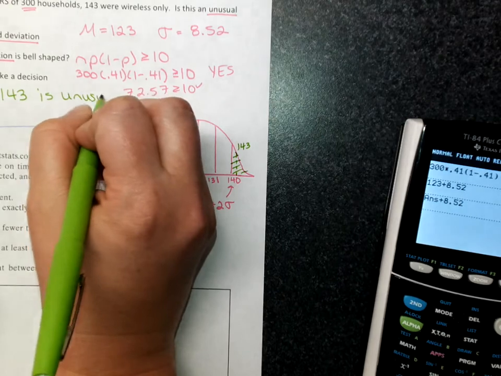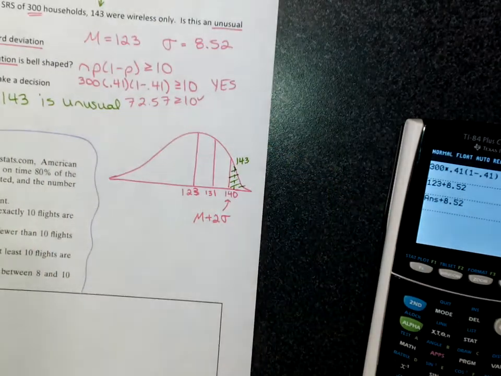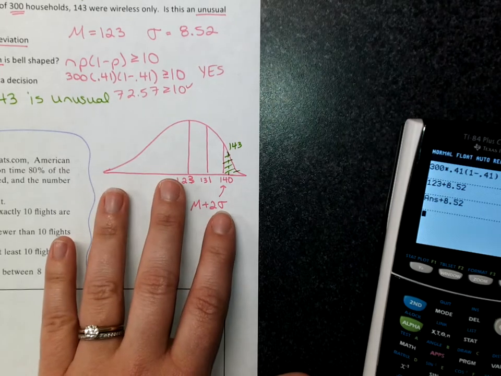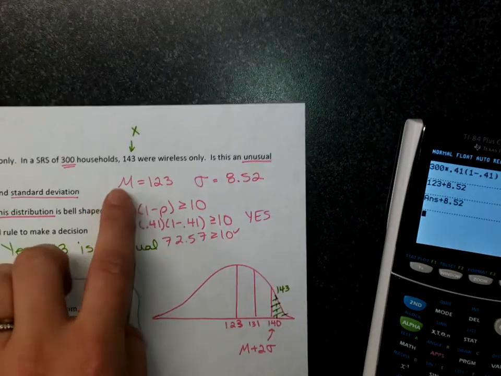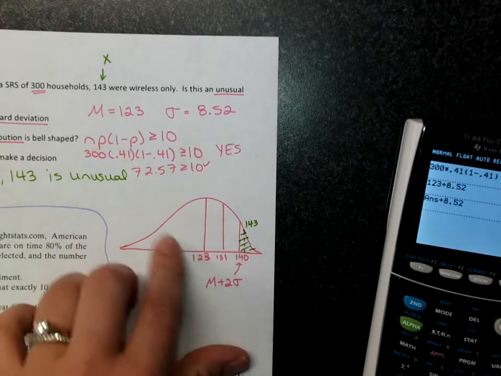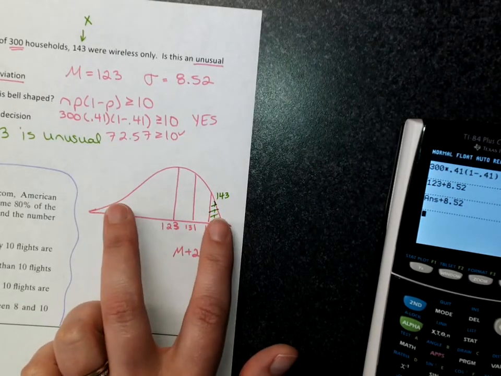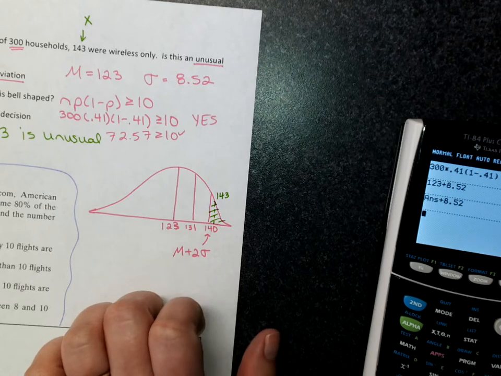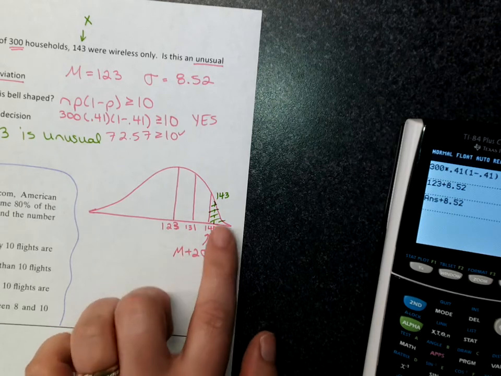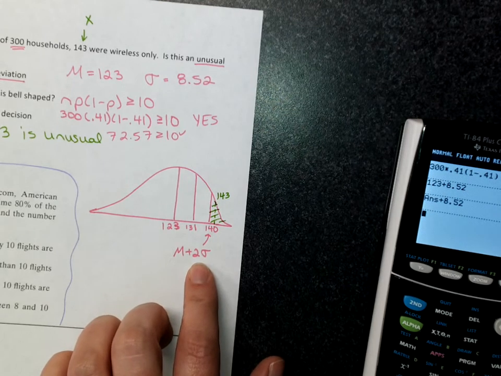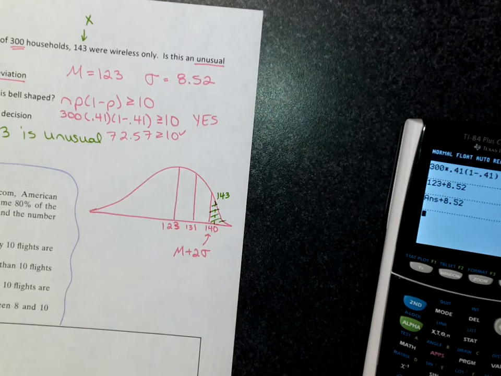We'll talk about this more in chapter 7, but this is what statisticians do. They find the center, they find the spread, and then they check if individual values are in the middle, where nothing weird's going on, or in the tails, either lower or upper, where something weird is going on. In this case, because 143 is beyond that 2 standard deviation mark, we can say yes, that's an unusual event.